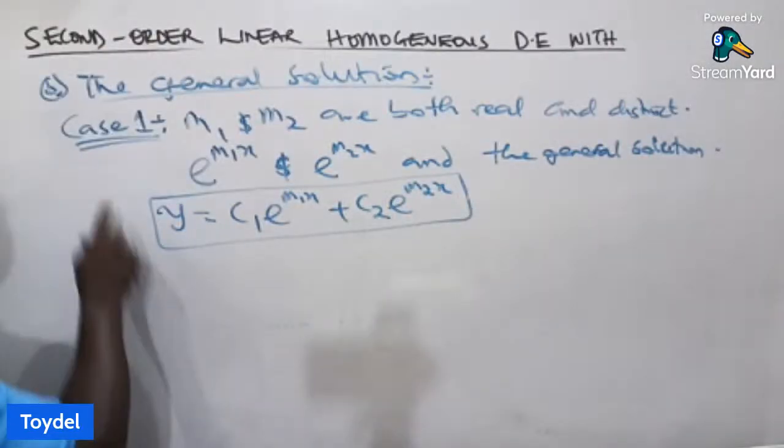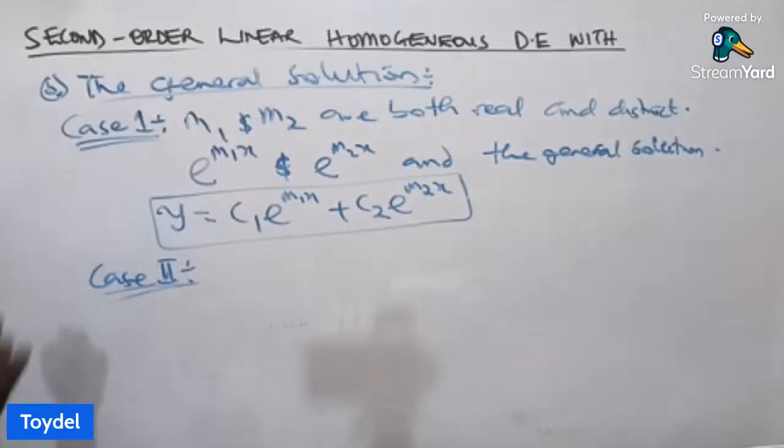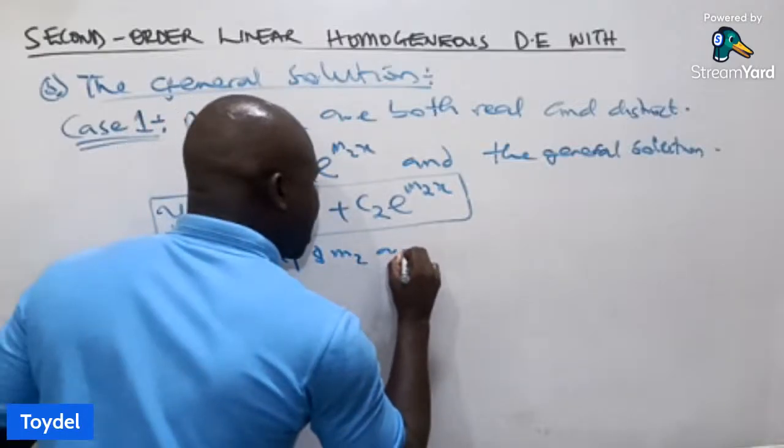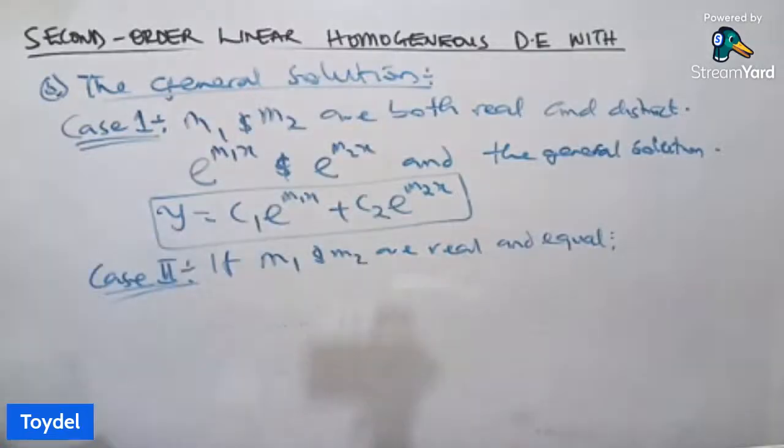That's for case one: if m1 and m2 are real and distinct, this will be the general solution. Then case two: if m1 and m2 are real and equal, that is, in this case, m1 is equal to m2.